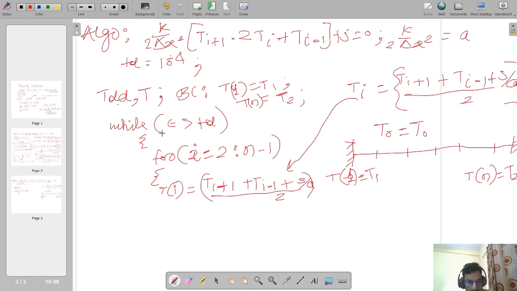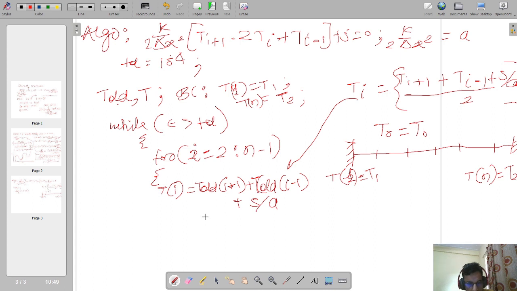So let's say we are currently moving in the 100th iteration. So we calculate. I have made a little mistake here. This Ti is the current temperature, so we're going to use the old temperature here. That is T old i plus 1 plus T old i minus 1 plus s by a, which is constant.